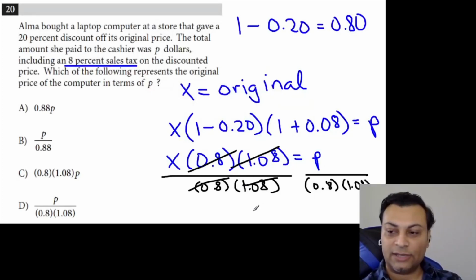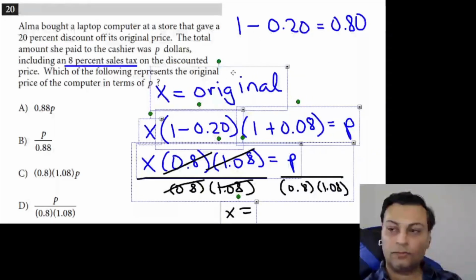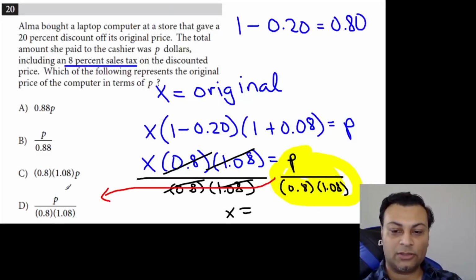You're going to be left with X. And X equals all this, really. This entire fraction: P over the product of those two numbers, which ends up being option D.